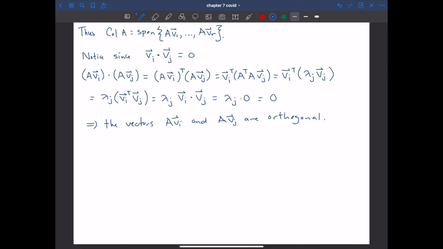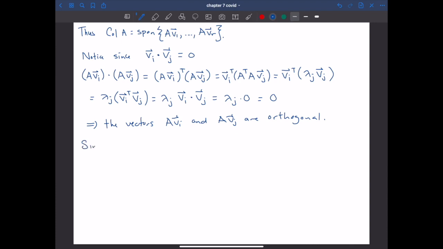Now, this isn't quite enough. Remember, we want to prove that these vectors are linearly independent. Proving that they're orthogonal to each other is not quite enough to show that, because it's possible that one of these vectors might be 0, or at least some of them might be 0.